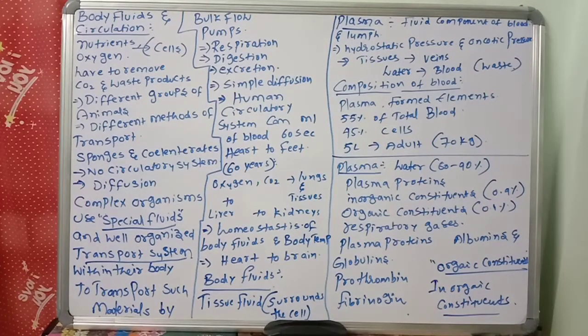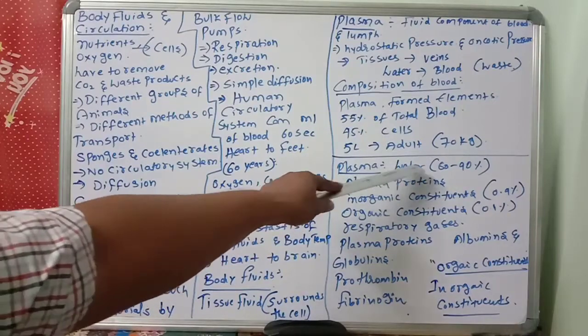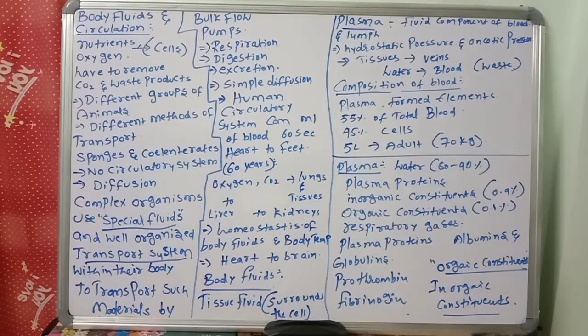Even heparin, fibrinogen, prothrombin, albumins, globulins, enzymes, hormones, and different components are there in the plasma. These all help in the transportation of material. So plasma is very important. The major part of plasma is 80 to 90% water, and the remaining components are all very helpful for our body functioning.